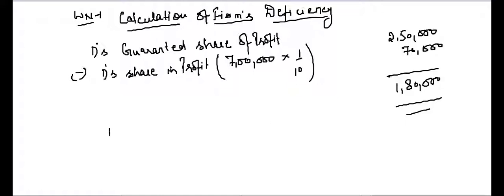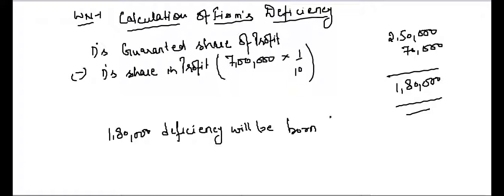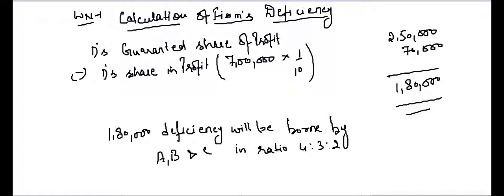Write down: 1,80,000 deficiency will be borne by A, B and C in ratio 4:3:2.